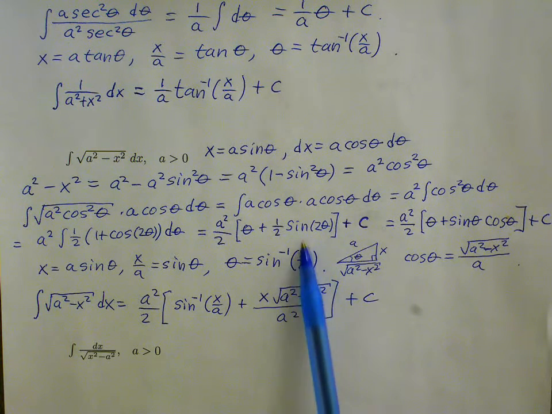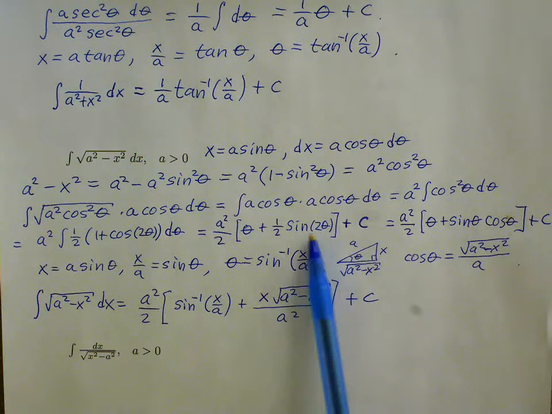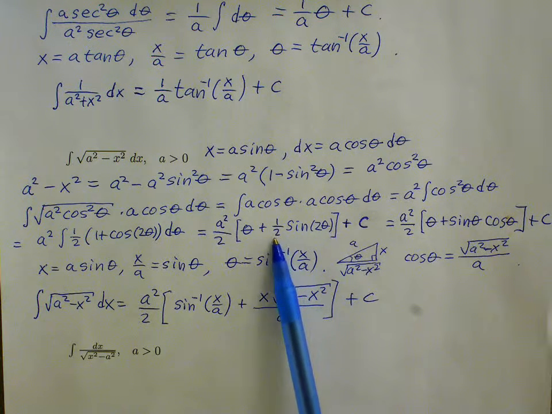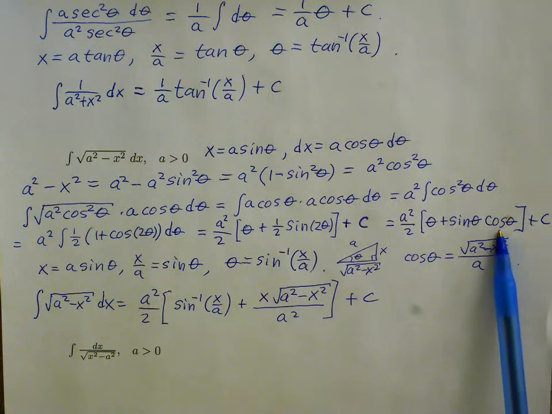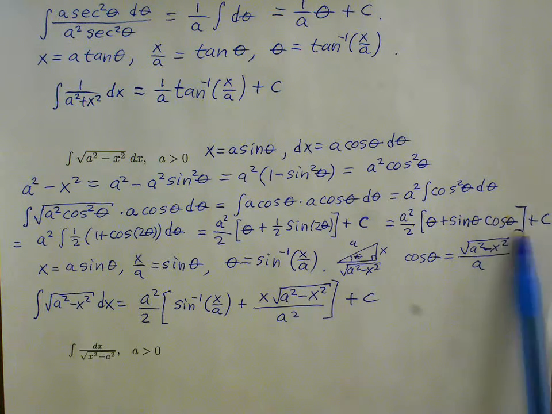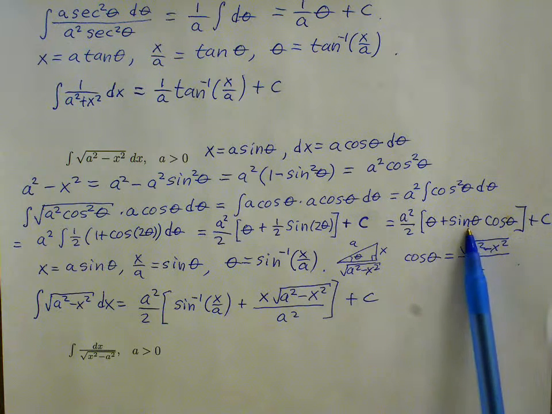And then we use the identity for sine of 2 theta, which is 2 times sine of theta times cosine of theta. So when you multiply that by 1/2, you just get sine of theta times cosine of theta. And all that's left to do after this is replace sine of theta and cosine of theta.